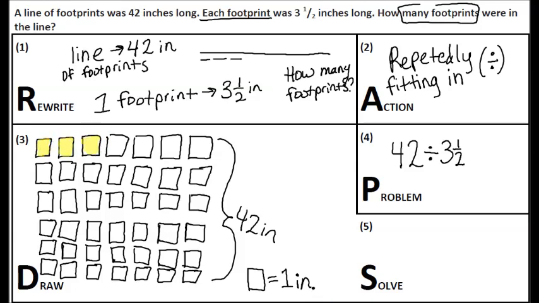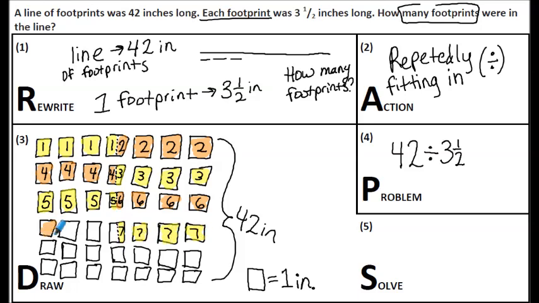So I'm going to color in 3.5 of those boxes to represent 1 footprint that is 3.5 inches long. Then I'm going to color in another 3.5 to represent the second footprint. And I'm going to keep on doing this. I have my third set of 3.5, my fourth set of 3.5, and each of these sets is representing one of the footprints that is 3.5 inches long.